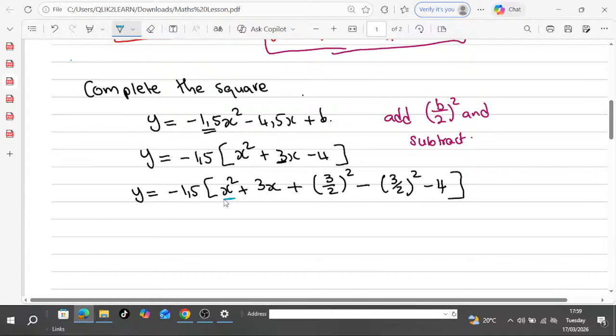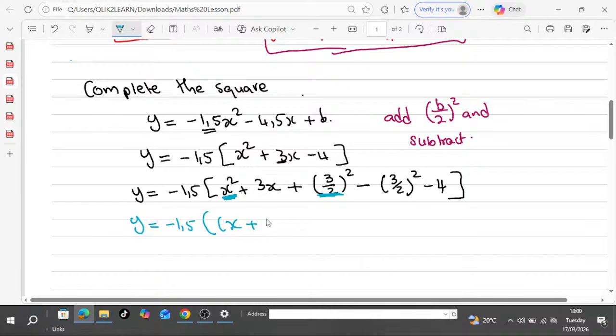The x squared and that, the first part of that equation, we're going to have what we call the difference of squares. So we can write this as y is equal to minus 1.5. Then into the bracket we have x, then you're going to take the 3 over 2, which is positive.